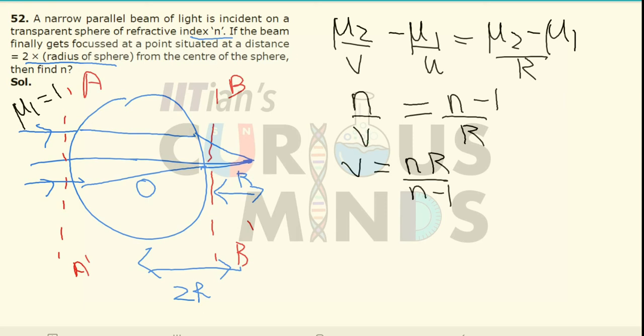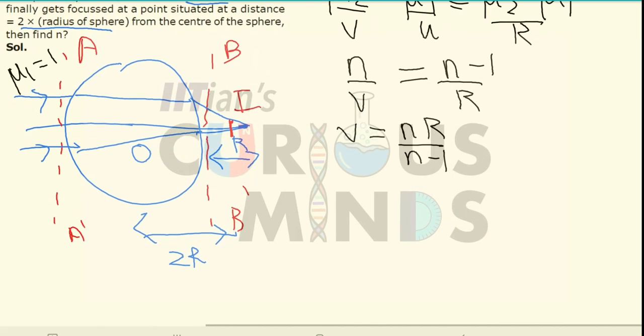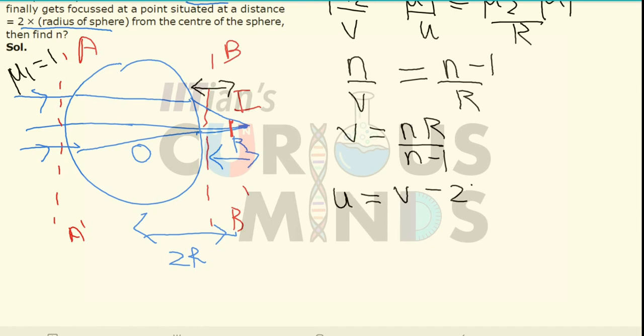Now let us assume that the image obtained after the first refraction is somewhere over here, outside the sphere. Even if it is inside the sphere, you will get the same answer. So when it is situated outside the sphere, the object distance from the second interface will be equal to v minus 2r, that is nr divided by n minus 1 minus 2r.